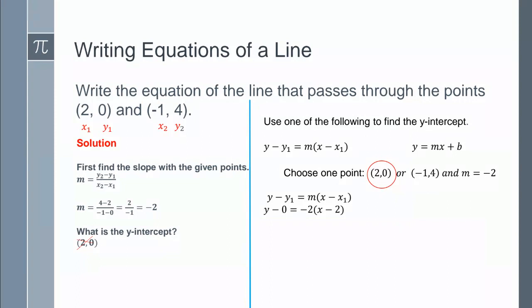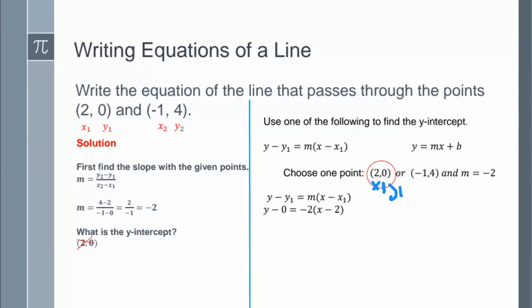All right, so we're gonna substitute our values. So y, I'm gonna call this, let me get my pen out really quick. And so I'm gonna call this point here x1 and y1, okay?